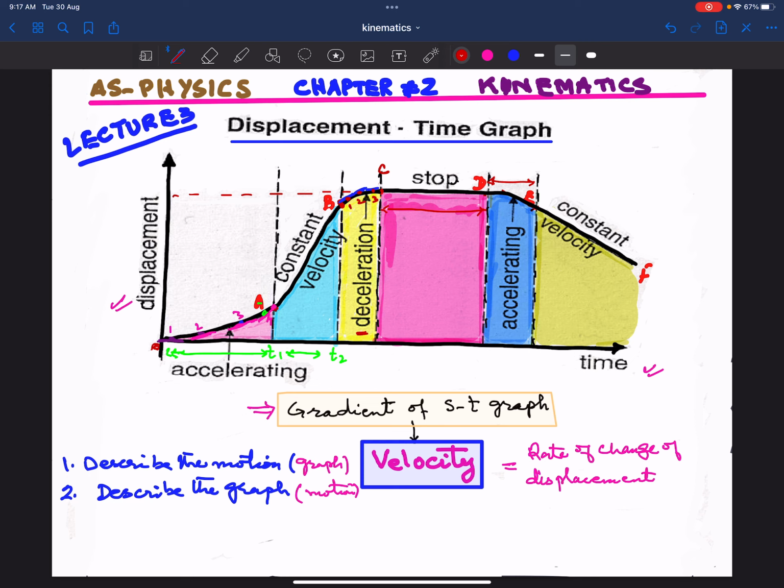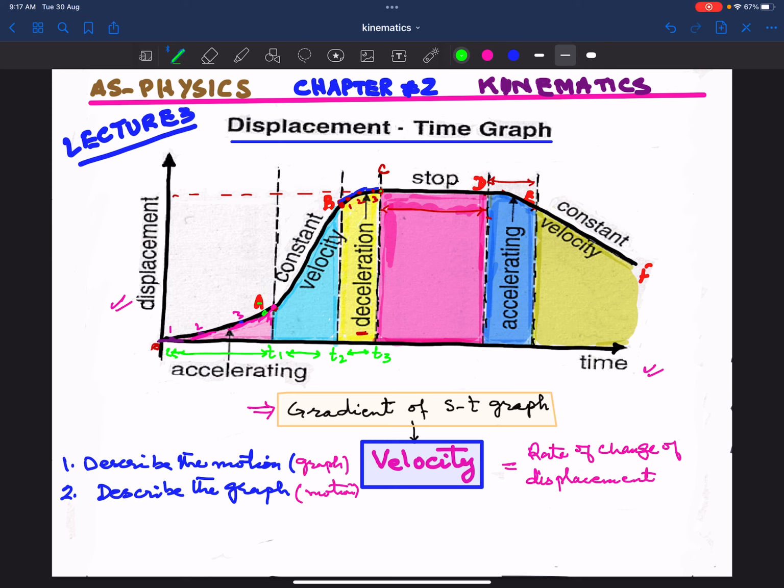In the time interval T2 to T3, we have this situation of decreasing velocity, so the deceleration is taking place.